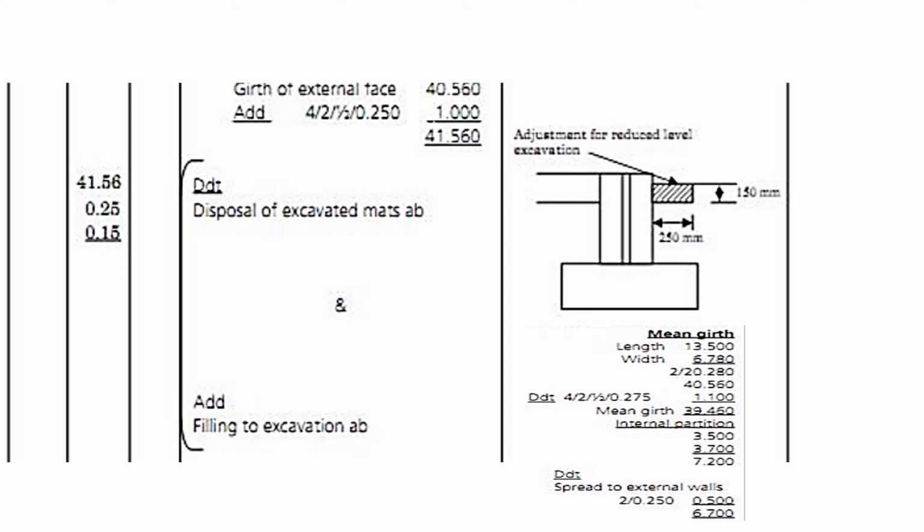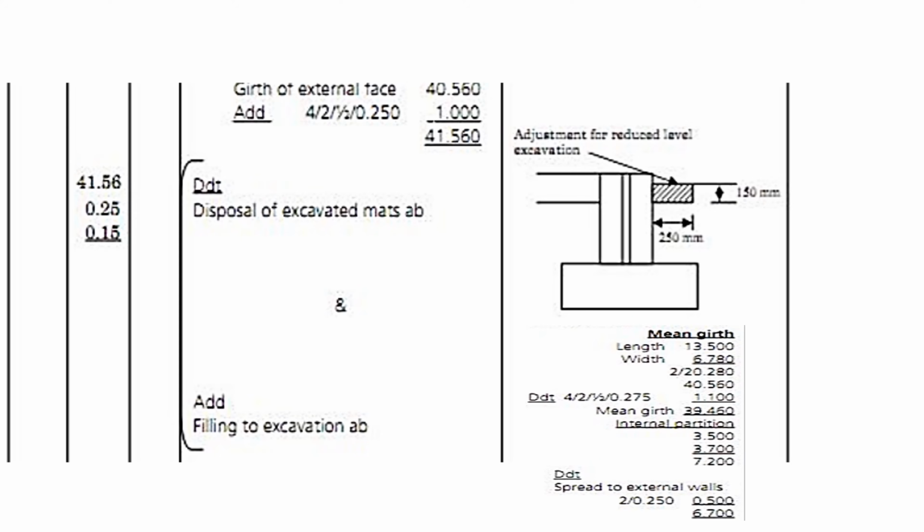The other part, we shall go to reinstating the soil in the foundation spread. When we are reinstating the soil, we will be reinstating it to the ground level. We had reduced the level by 150. Now we want to return that soil outside the walls so that it can be back to the ground level.